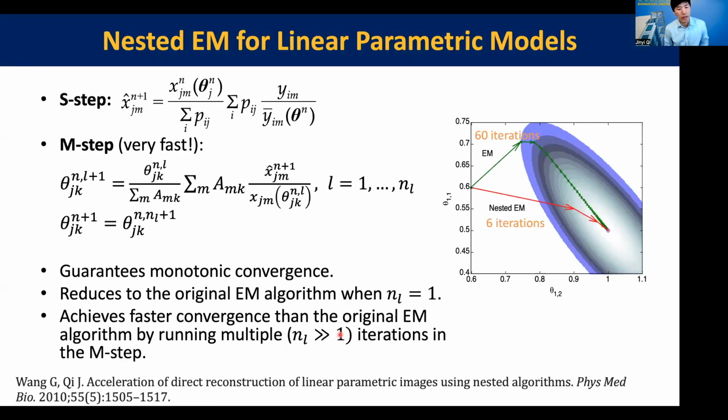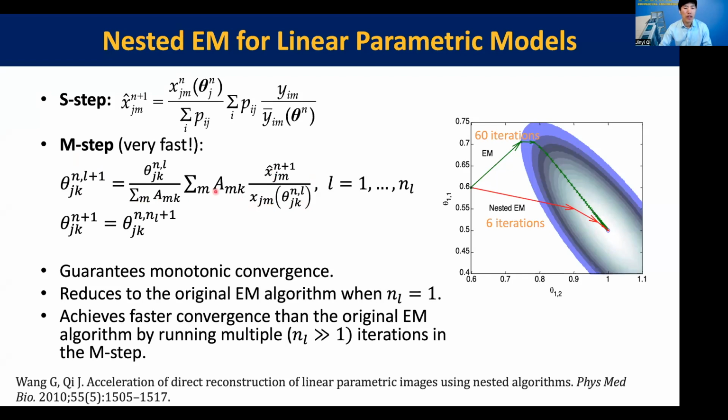This method is particularly useful for linear models because in the linear model, the M step can be solved by an EM type update as well. Essentially, because it's linear, we treat the A as the projection matrix, and we get this EM update equation in the image domain for every pixel.